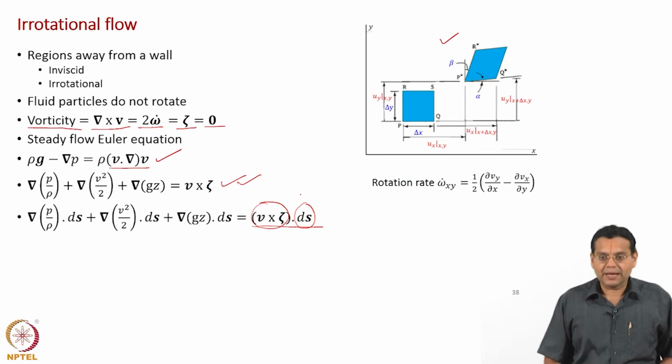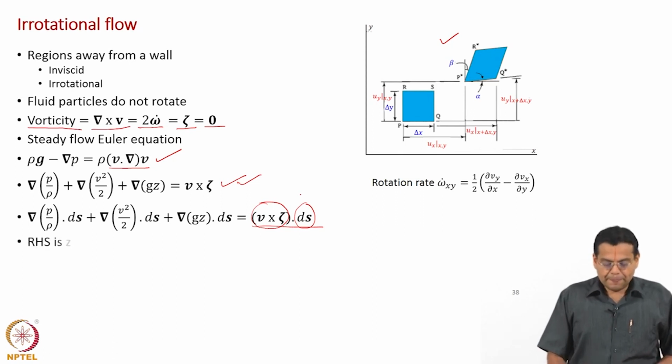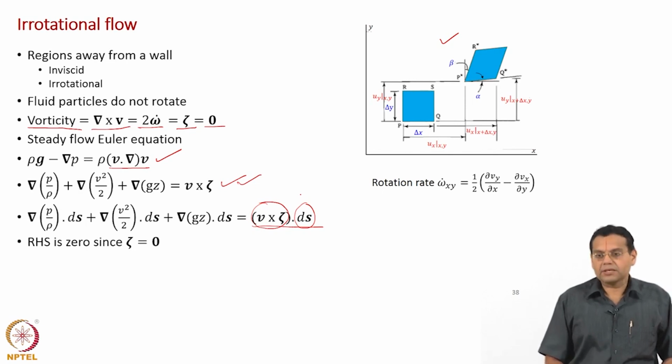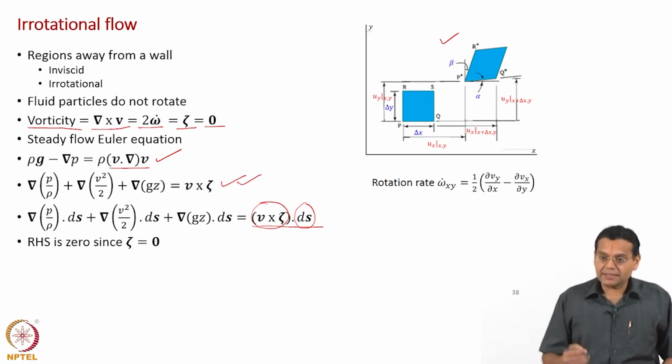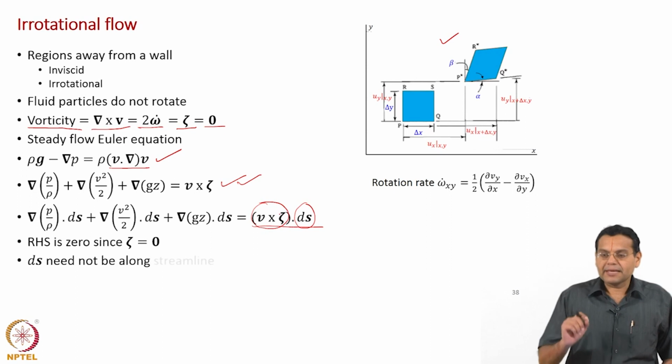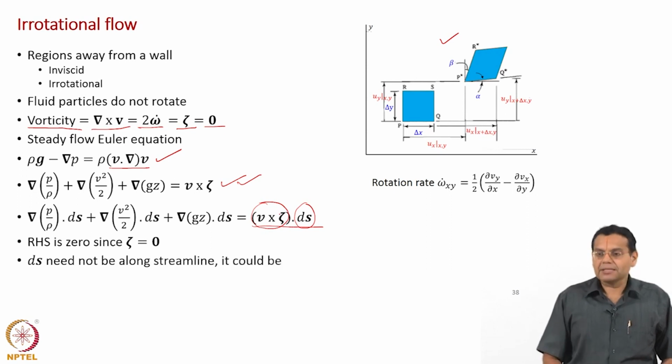Now, for the present case the right hand side is 0 automatically, because we have taken vorticity to be 0. In the earlier case we made the right hand side 0 after taking a dot product with a differential length along the streamline, but now the right hand side is 0 anyway, because we are considering irrotational flow, which means that the ds vector need not be along the streamline.